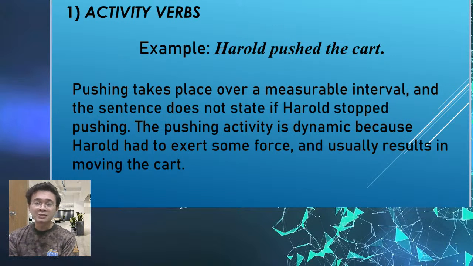The pushing activity is dynamic. When you say dynamic, it means it has movement because Harold had to exert some force and usually results in moving the cart. Yeah, maybe of course the cart moves, but it is not really the real result of this example sentence. But our verb here is push.